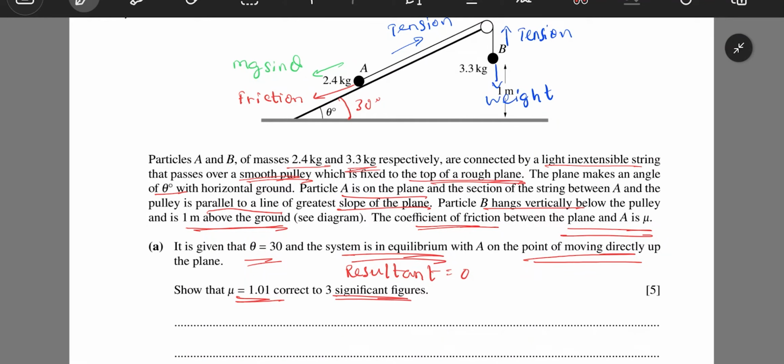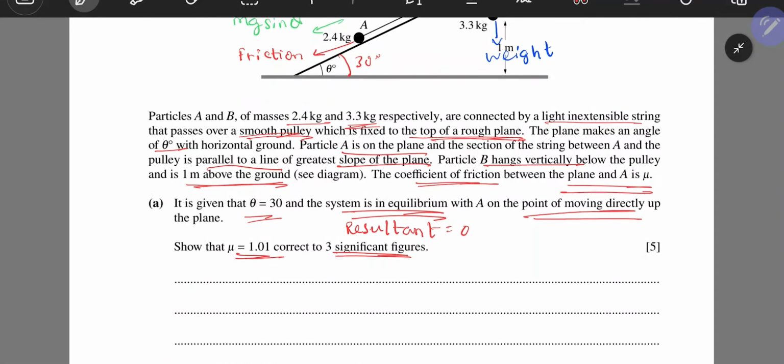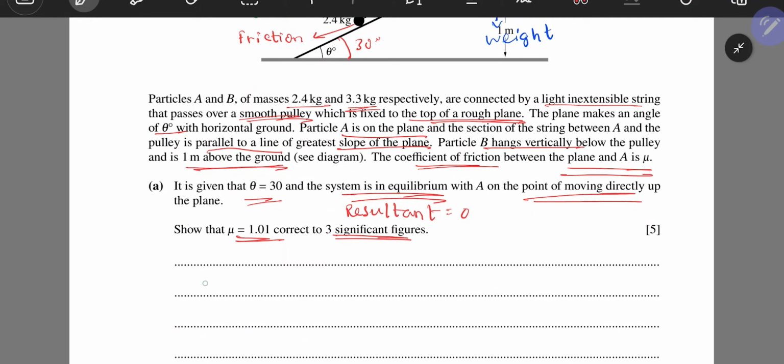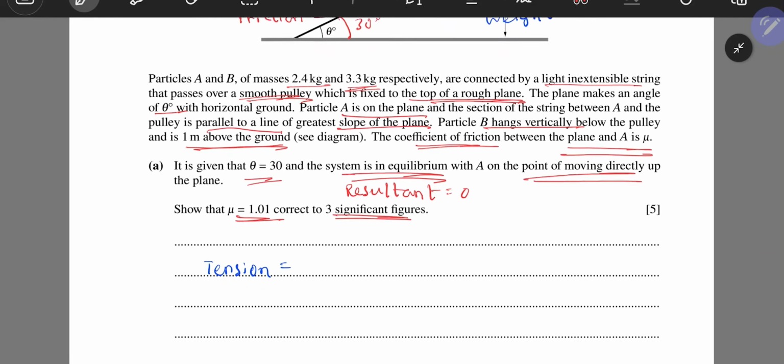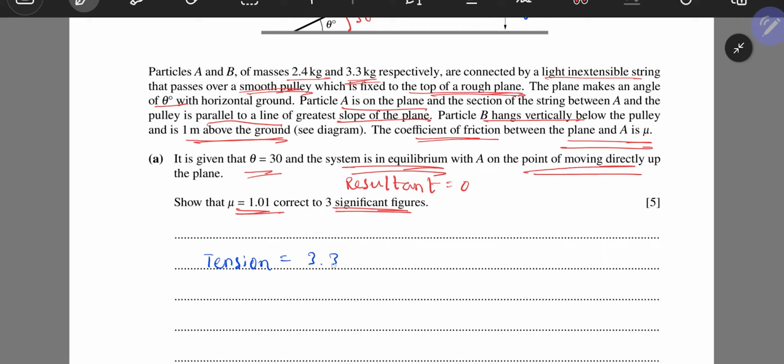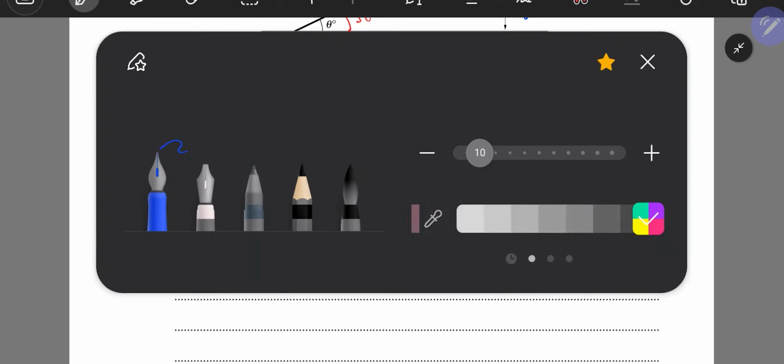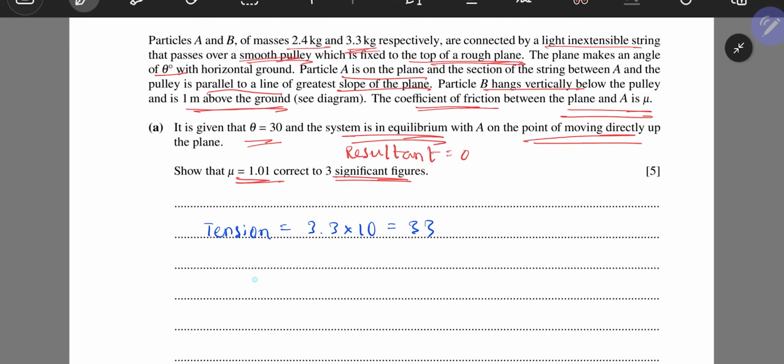So now let's form an equation. We need to note that tension is equal on both sides. That is a fact. So the equation will be tension is equal to the weight of B, so that's 3.3 times 10, so 33. Now I can just use that to substitute in the second equation.